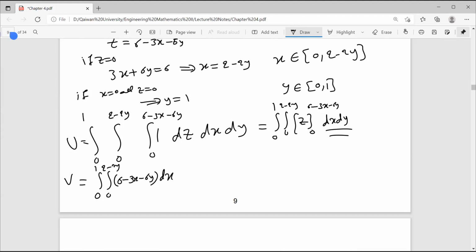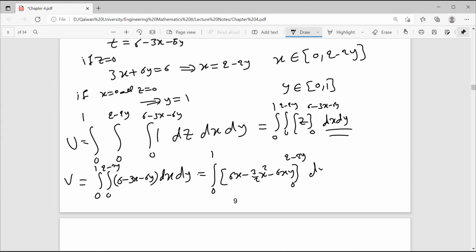The integration of this function with respect to x is 6x minus 3 over 2 x squared minus 6yx. This integration is from 0 to 2 minus 2y.